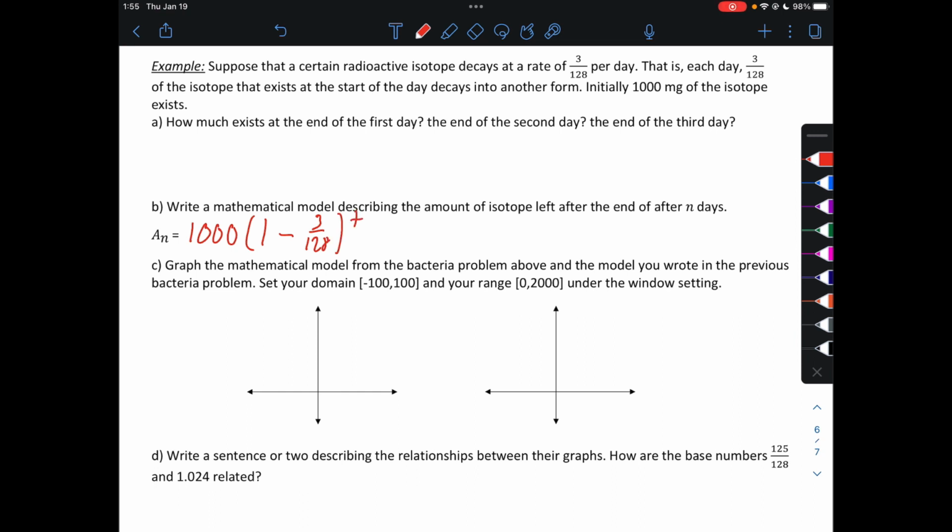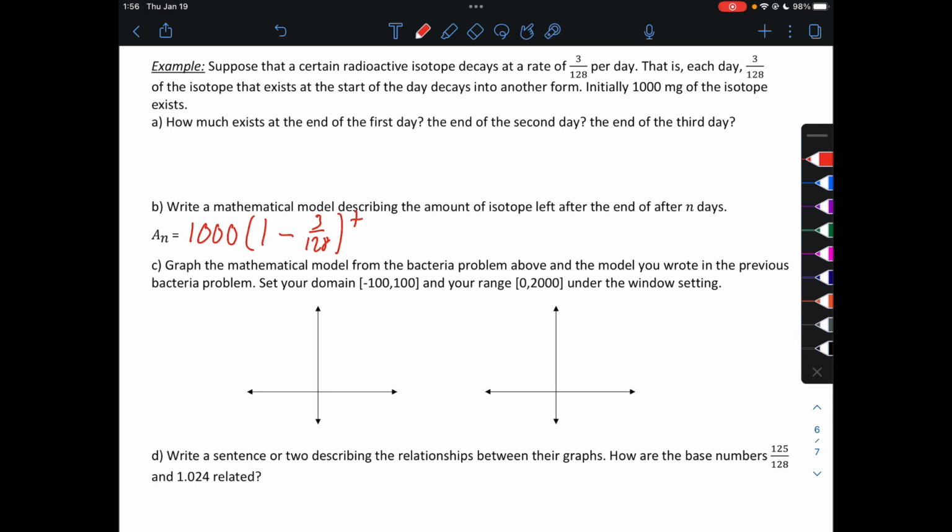That's something we can go ahead and throw into our calculator here. 1,000 times (1 minus 3 over 128) to the t. And then I'm going to go ahead and put 1, 2, and 3 into that equation. We have a couple different ways we can do that, but if you want to just go to your table, you can see those numbers pretty easily there.